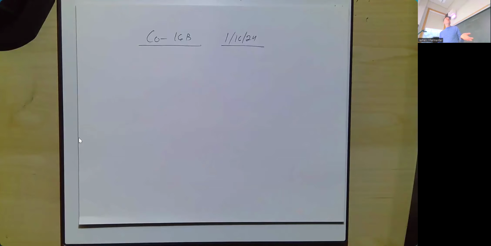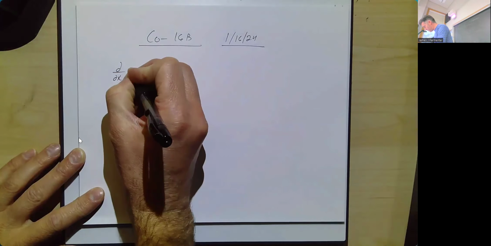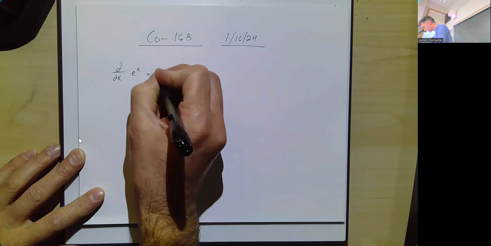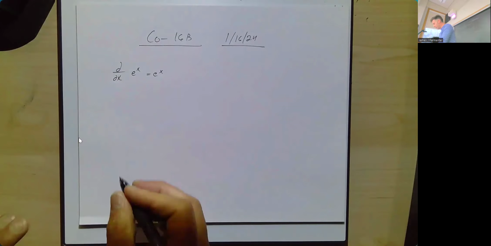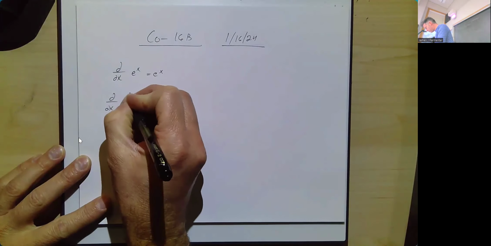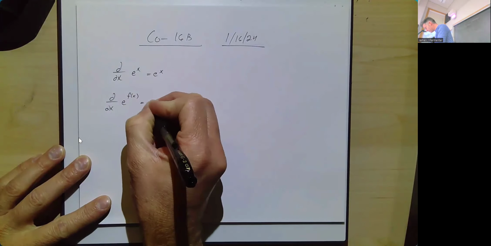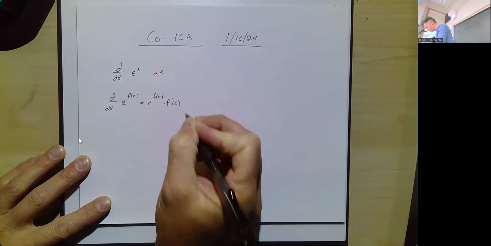So here are the new derivative rules that we have learned so far in 16B. The derivative of e to the x is e to the x. And more generally, the chain rule version, which I always think of as the real derivative formula you should know, is that the derivative of e to some function of x is e to that function of x times the derivative of that function.